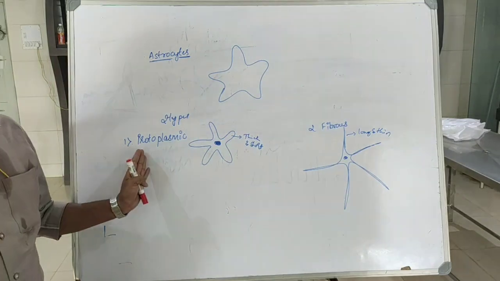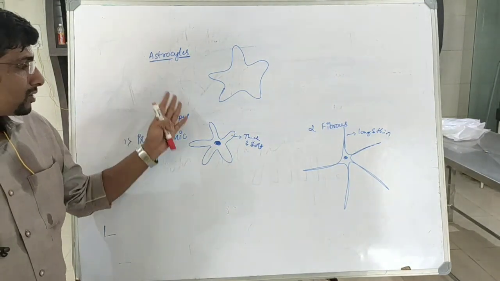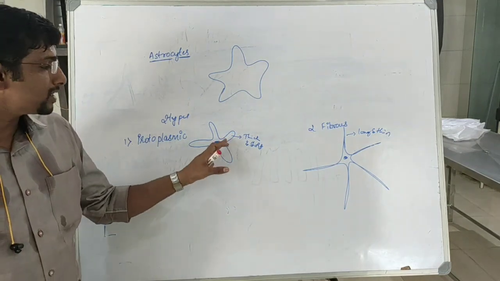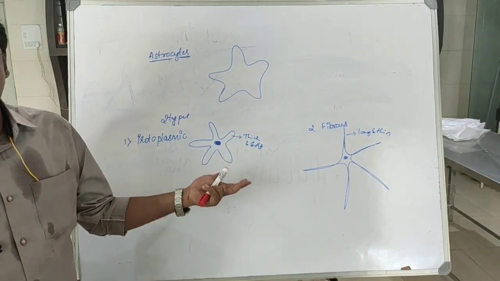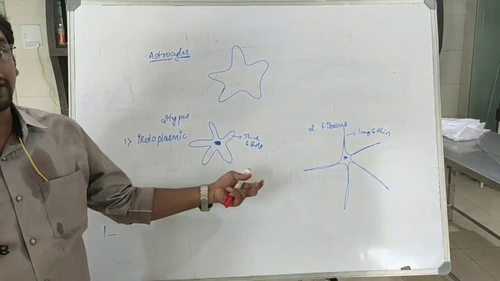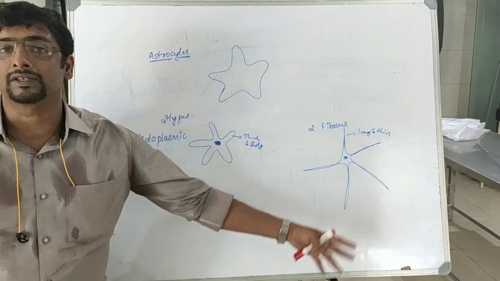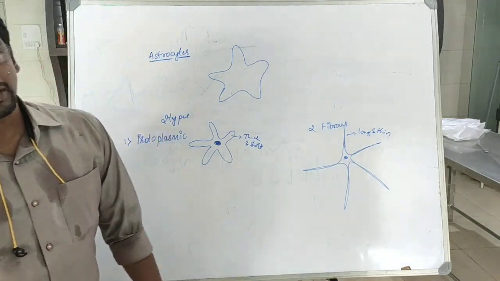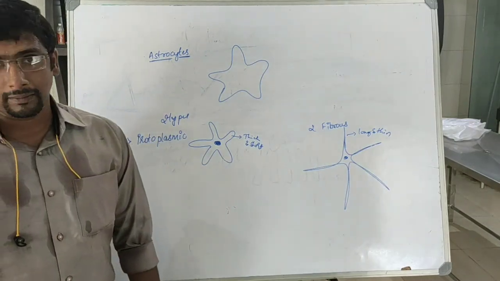The protoplasmic astrocytes have short and thick processes which contain protoplasm, cytoplasm, hence called protoplasmic. Here the processes have a fibrous-like appearance, so they are called fibrous astrocytes.